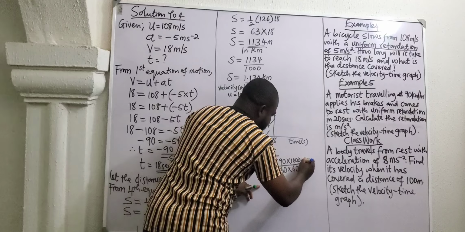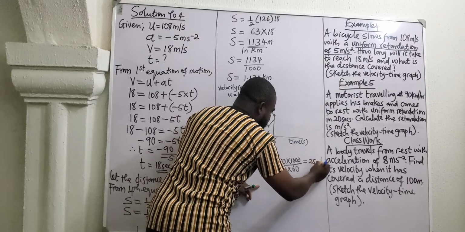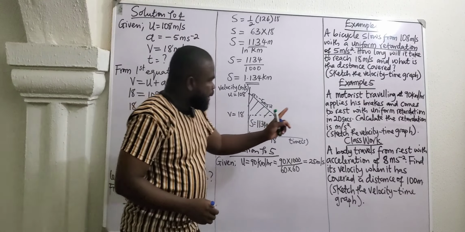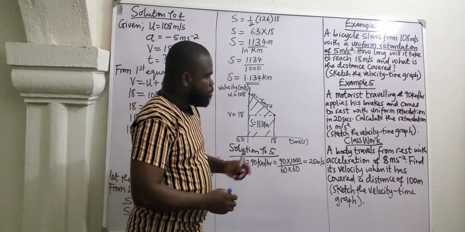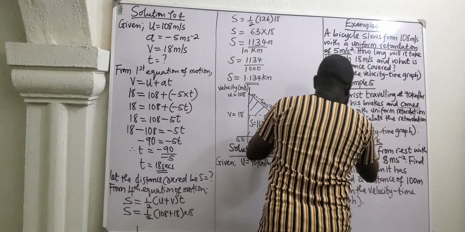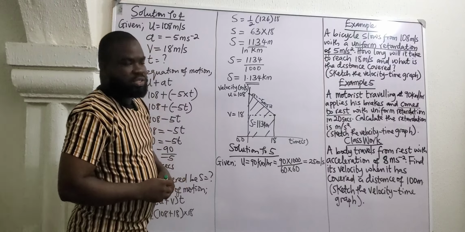Once you multiply and divide, you get what? 25 meter per second. He applies his brake and comes to rest. Comes to rest means the final velocity is 0.